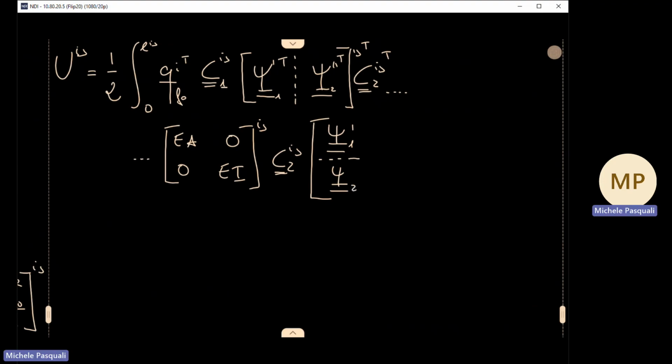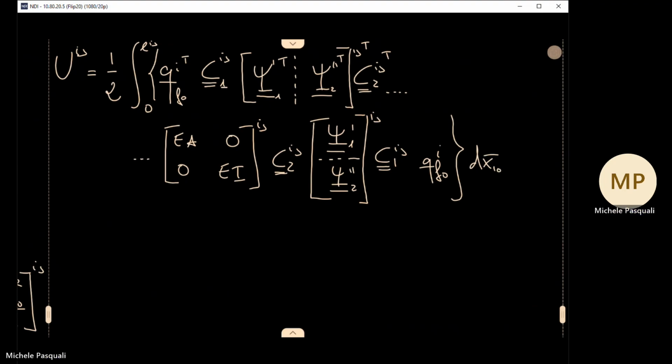So we have psi2 ij applied over C1 ij. And then we have, of course, again, QF0 i. And all of this, if you want, we can write it like this, must be integrated in x1, 0. Okay?